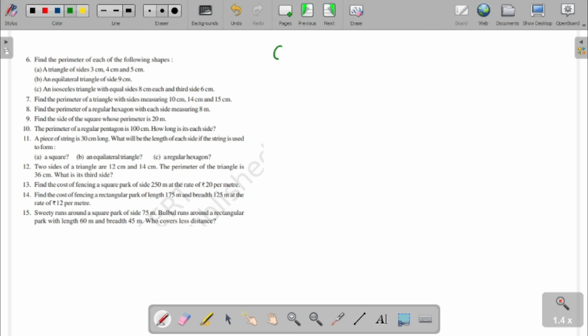In case of question number 15, you can see this is question number 15. One is a square park. One person is running around the square park, and the second one is running around a rectangular park.